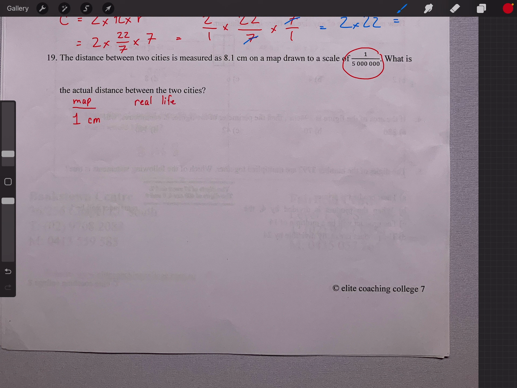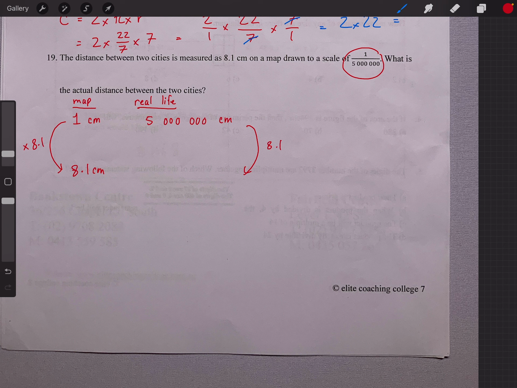Real life will be 5 million centimeters. It'll be 5 million times bigger. So now we have 8.1 centimeters on the map. What's the real life distance between the two cities? So we must times it by 8.1.